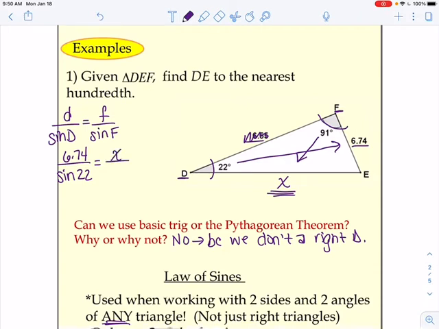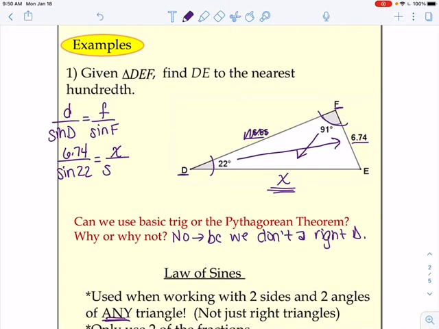And my angle there, that's directly opposite, is 91. So that goes over the sine of 91. Okay. So again, I have two fractions that equal each other, so I can just cross multiply and solve. So I'm going to have X times the sine of 22 equals 6.74 times the sine of 91.